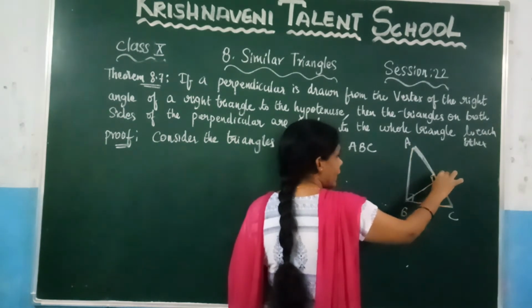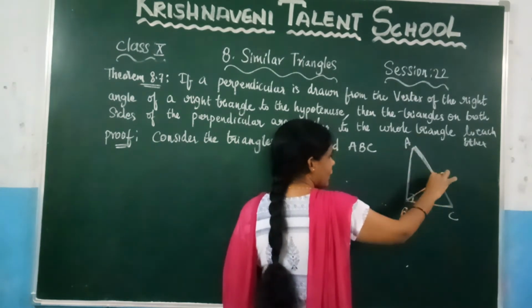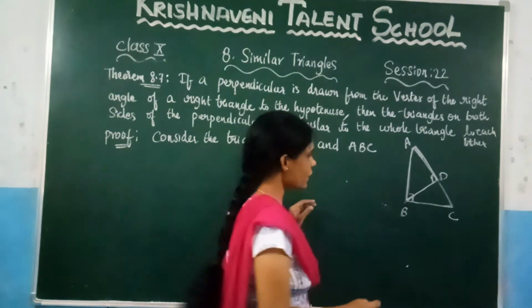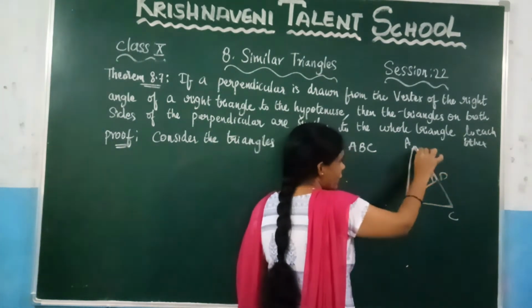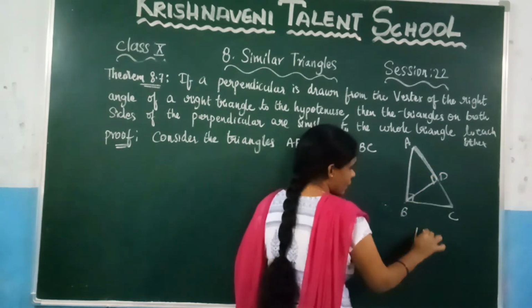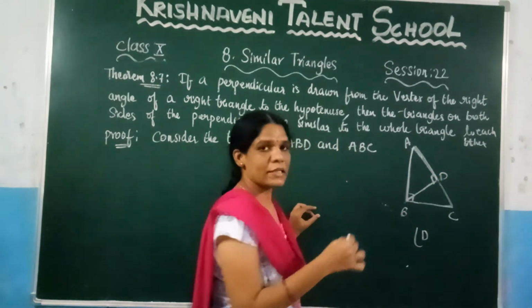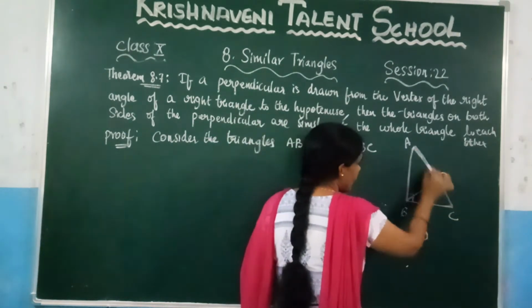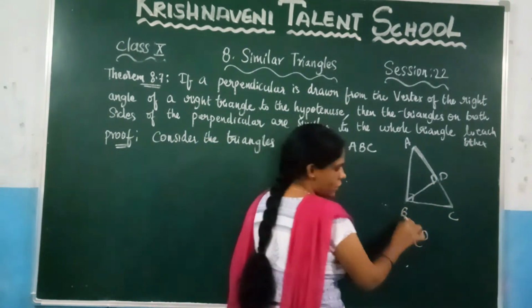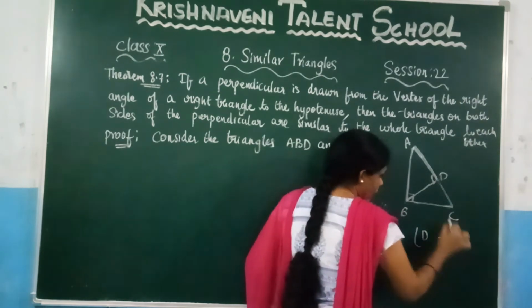Angle D is the right angle, right? So let us write it here, this one. I am drawing here separately. Here you can consider here in this triangle, what is the right angle? Angle D. Right? Now let us see in the bigger triangle where is right angle. If you see here the bigger triangle, here angle B is the right angle. So you know that angle D is equal to angle B.